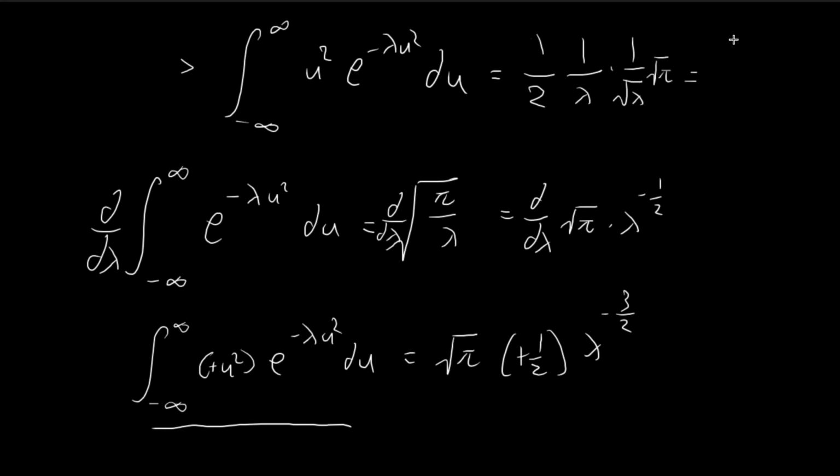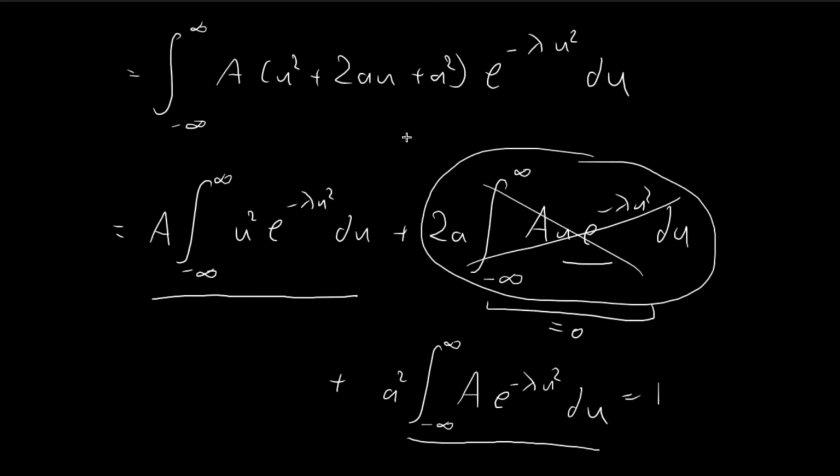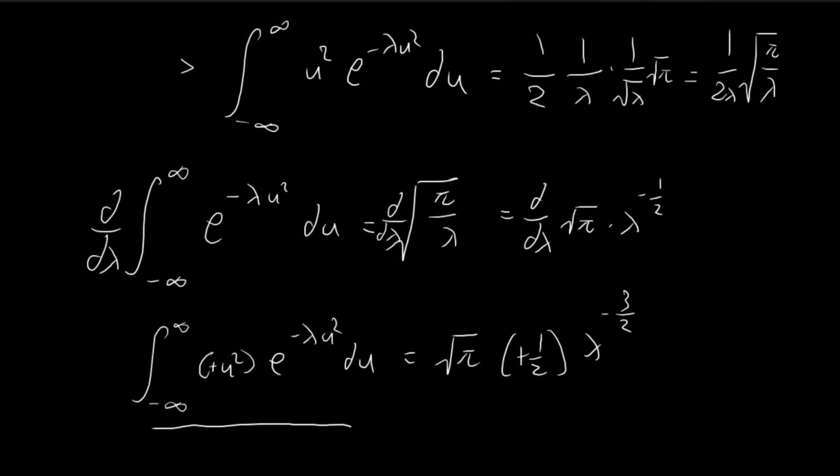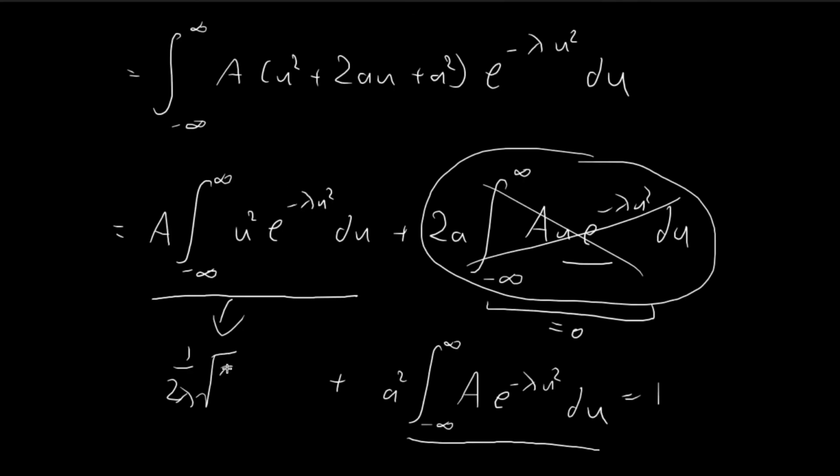So to write this in a nicer way, we have 1 over 2 lambda times square root of pi over lambda. And so that's how we can evaluate this integral. And so now going back to this expression, now we know that this expression is equal to 1 over 2 lambda and then square root of pi over lambda. And so now we're ready to finalize our result.